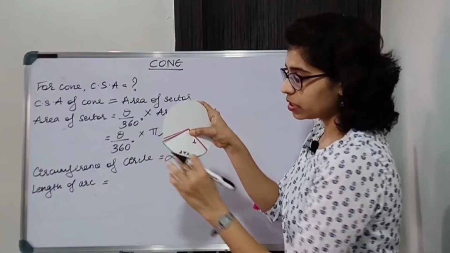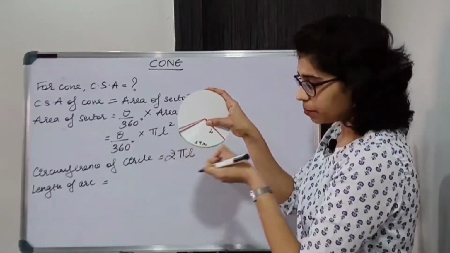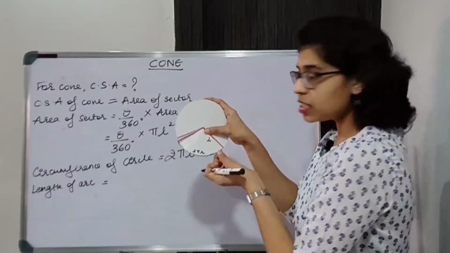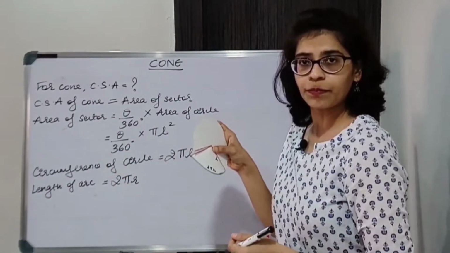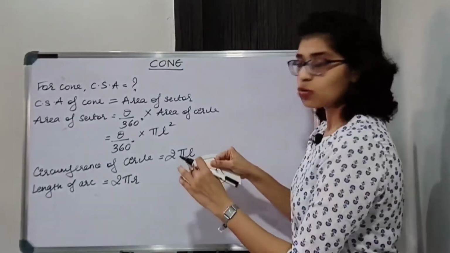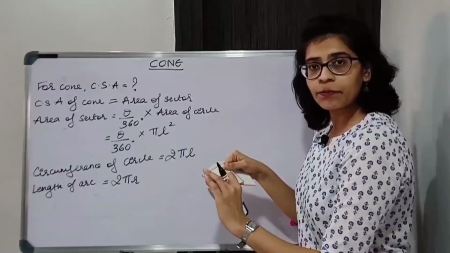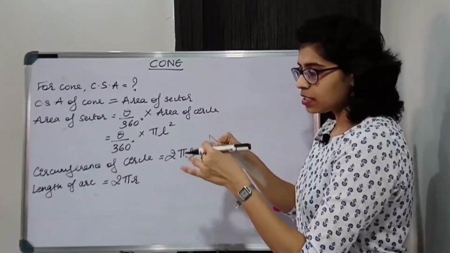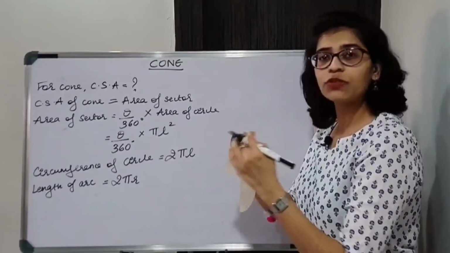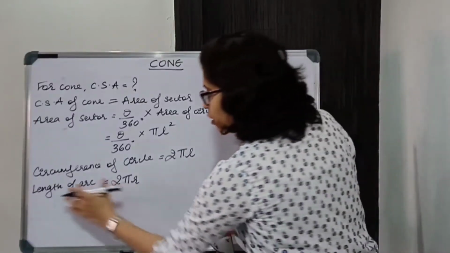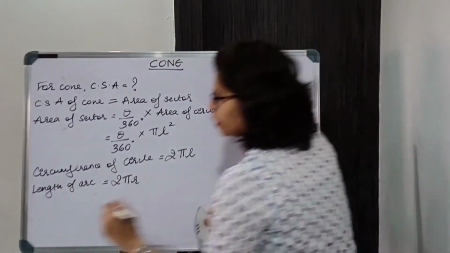I am talking about this arc, the green part. The length of this arc is 2 pi r. This length is nothing but this part of the cone, and this part of the cone we know is 2 pi r. So the length of the arc is 2 pi r.